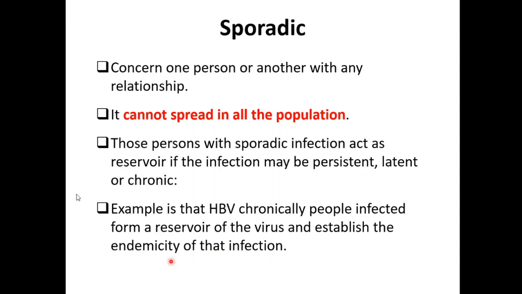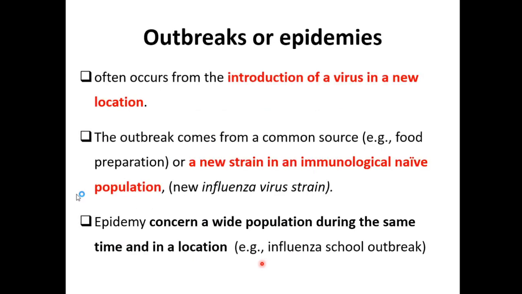In such a way, they keep infecting the closest members, like hepatitis B, chronically infected people. They keep as reservoir and establish the endemicity of that infection. So they will keep the virus within the area and keep infecting a few of the people close to this person. They will not cause outbreak.